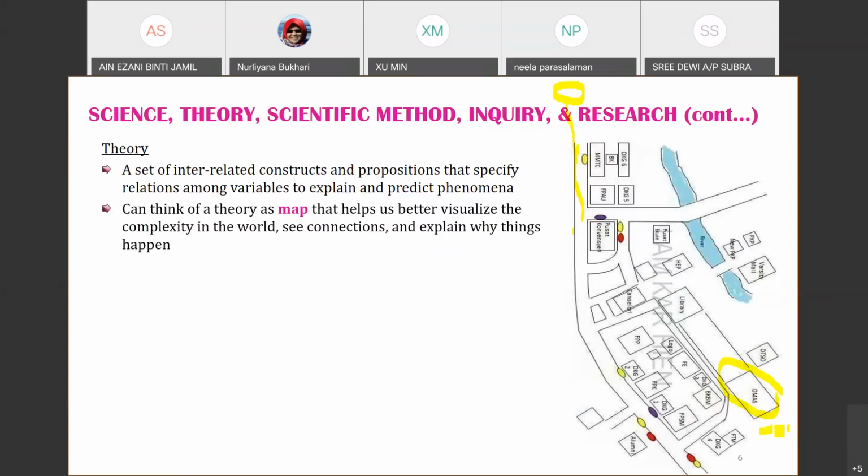I hope you can come one day, when things are getting better. But this is a map, and these buildings are the constructs. In relation to these constructs, to go from one place to another, we pass through other constructs.